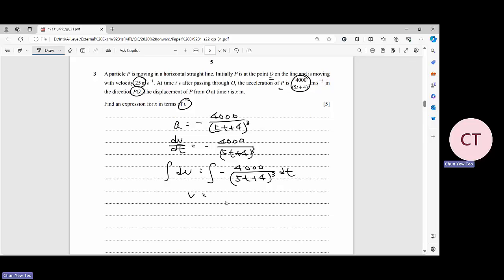So this one you get v. If you integrate, you will get 4000 divided by 2 divided by 5 and (5t plus 4) squared plus a c. Simplify it, you get 400 divided by this.